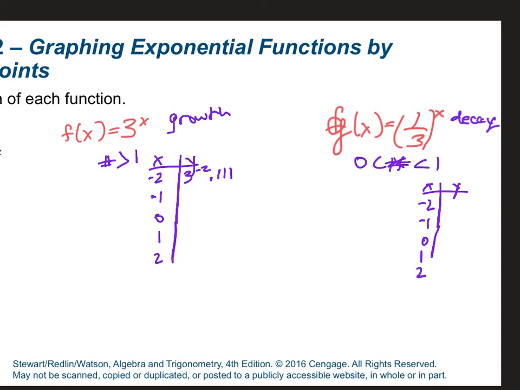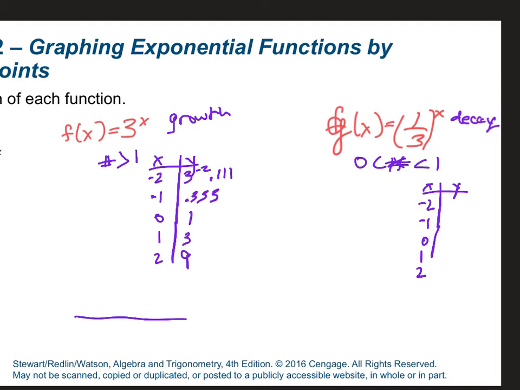Then 3 to the -1 power, I get 0.333. What's 3 to the 0 power? 1. Good. Anything to the 0 power is 1. What's 3 to the first power? 3.